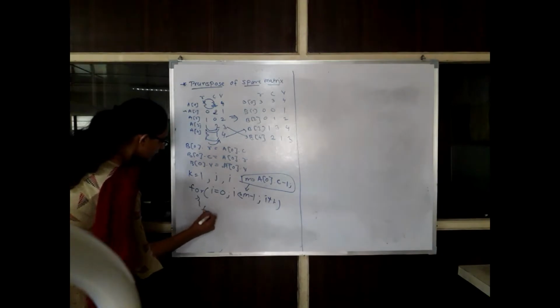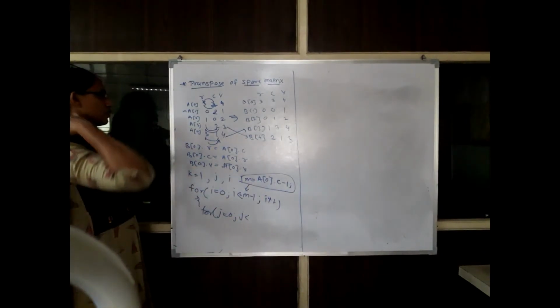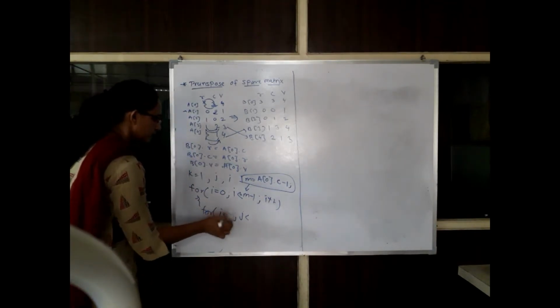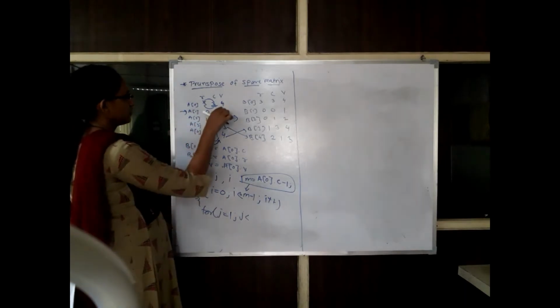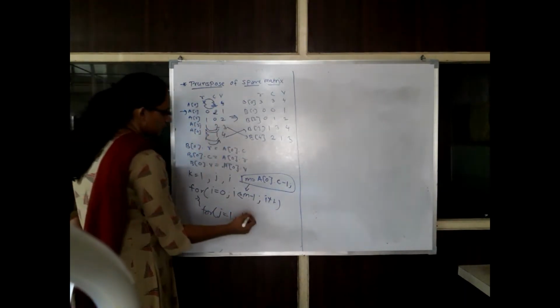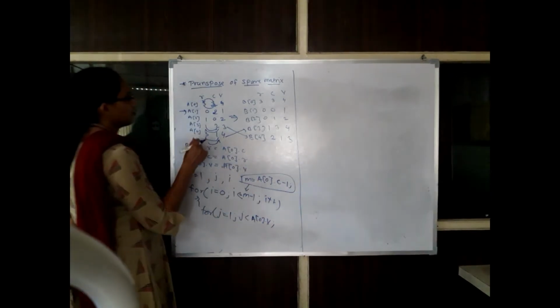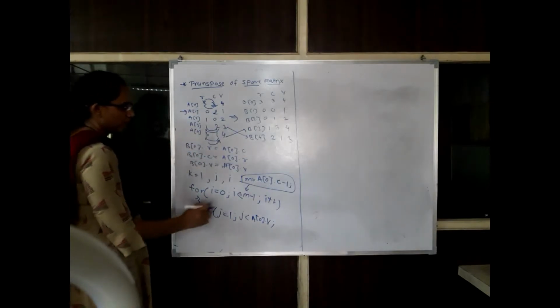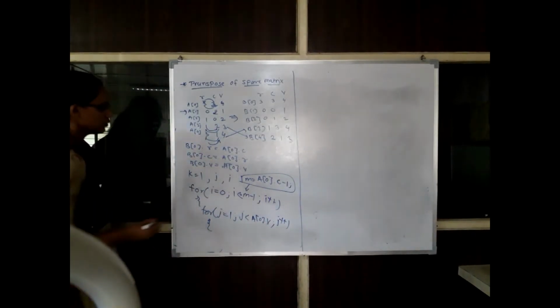Next is for j is equal to 0, j is less than, so j started from 1. How many times do you have to take? It is a of 0 dot b, that is number of non-zero values, j plus plus. What we have to do?